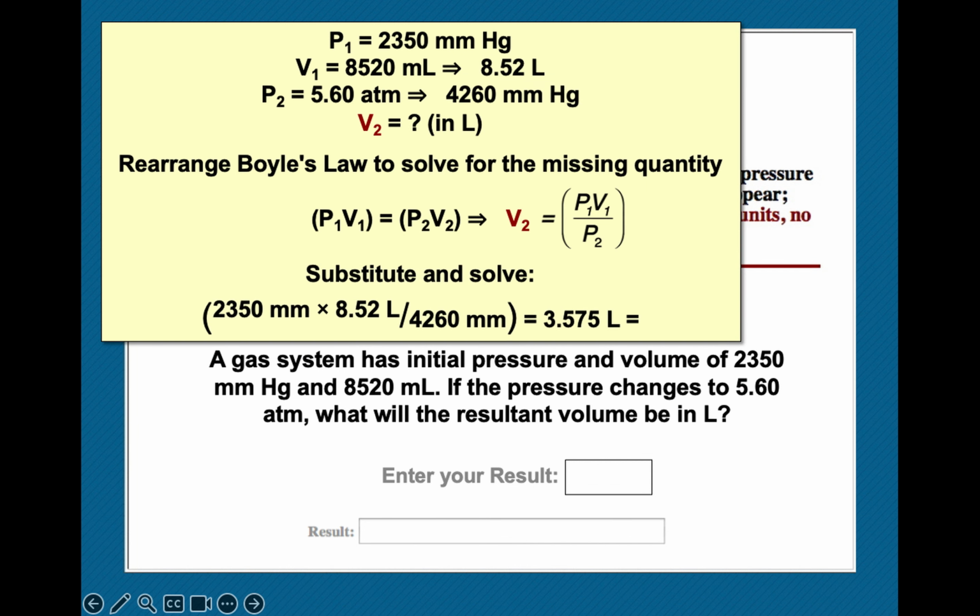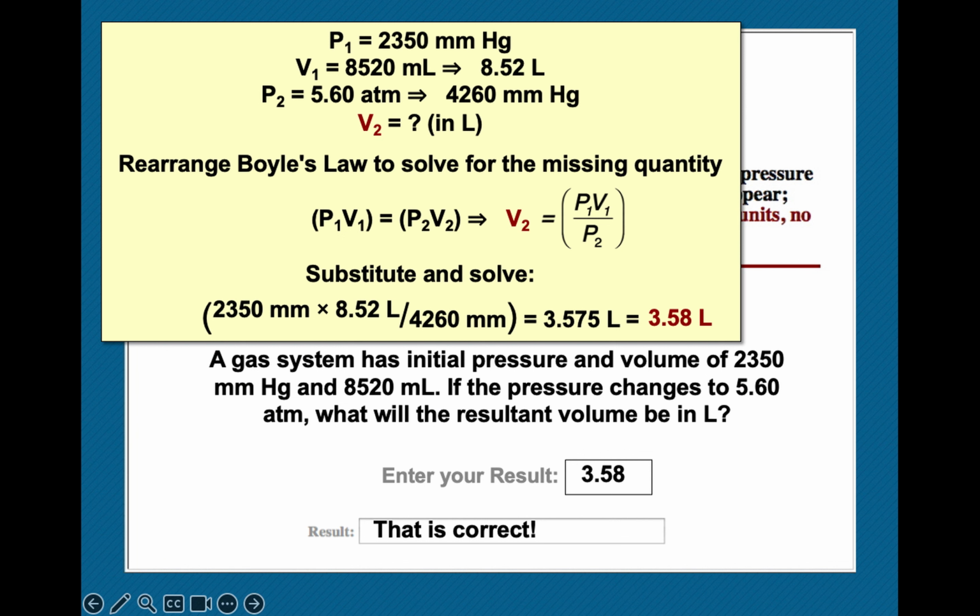We're looking for V2. Boyle's law tells us V2 is P1 V1 over P2. We substitute. Millimeters will cancel, and we're left with 3.58 liters. Any questions?